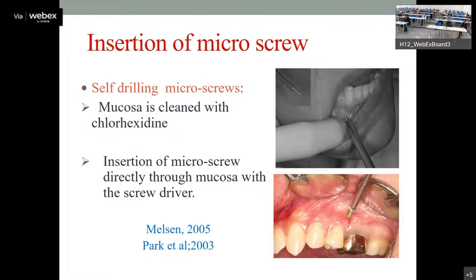After that, you just screw your microscrew directly into the bone. Of course, after giving a few drops of anesthesia into the gingiva. You don't have to give full local anesthesia because you need the roots to still be sensitive. So if you are close to the root, the patient can shout and say it's painful. So you know your direction of insertion is wrong. You need to adjust it.